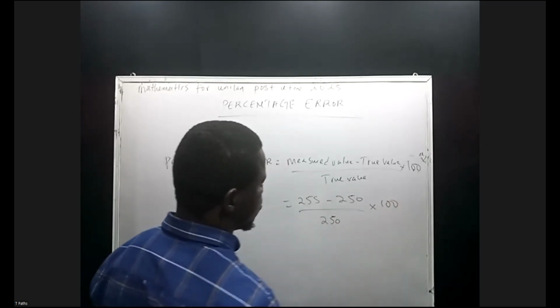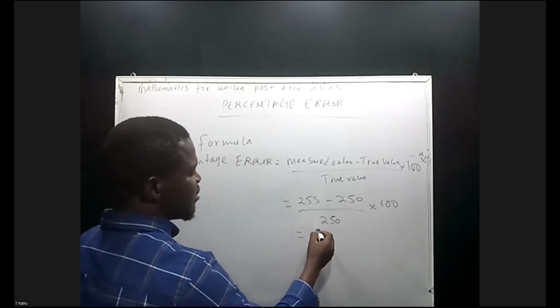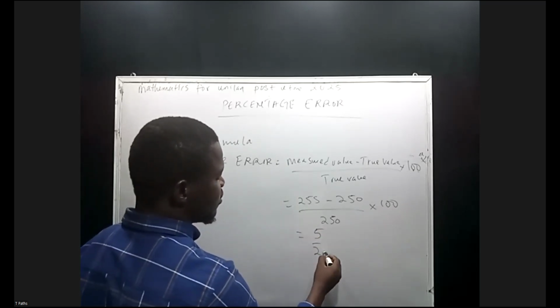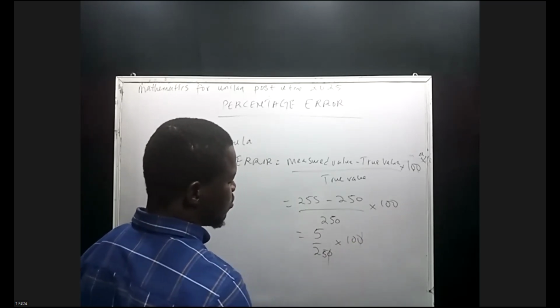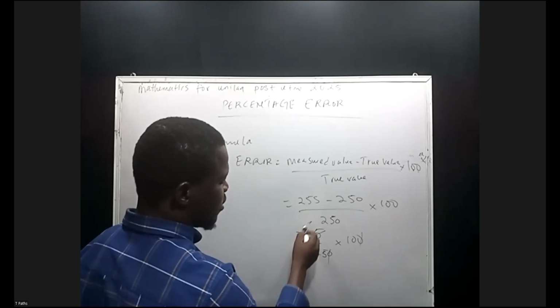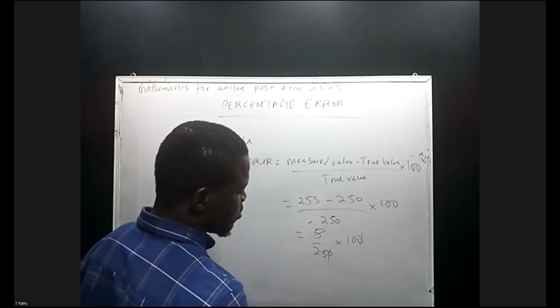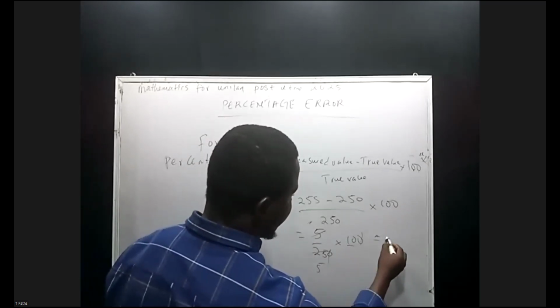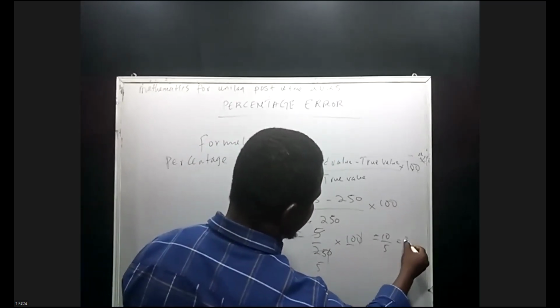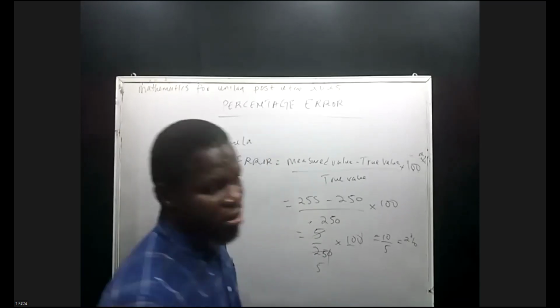That's all you do. Then 5 over 250 times 100 gives 10 over 5, which is 2%. That's how.